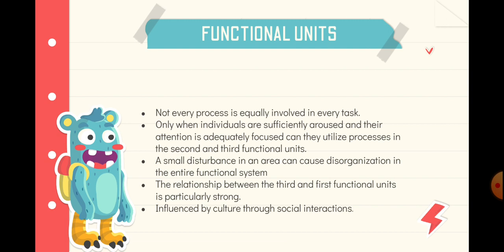And then more on the functional units. So first is that not every process is equally involved in every task. So actually, it is more effective if a task is using all four processes, but that doesn't mean that their contribution needs to be equal. So for example, if we are in a class, then the attention part will be more contributing, and so on.